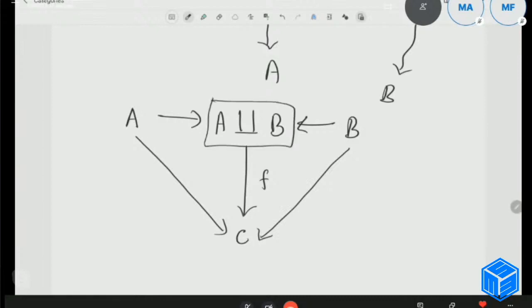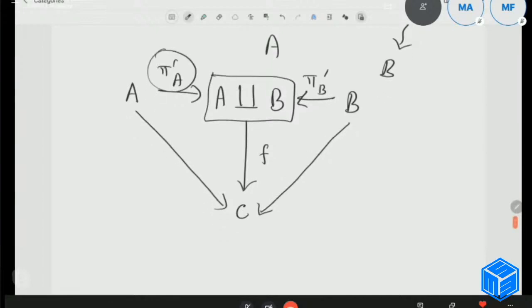We're gonna call them some kind of projections. These are not really projections, these are inclusions, to be honest. So this map says take the element in A and send it to (a, 1), and this other map says take the element in B and send it to (b, 2). Right?